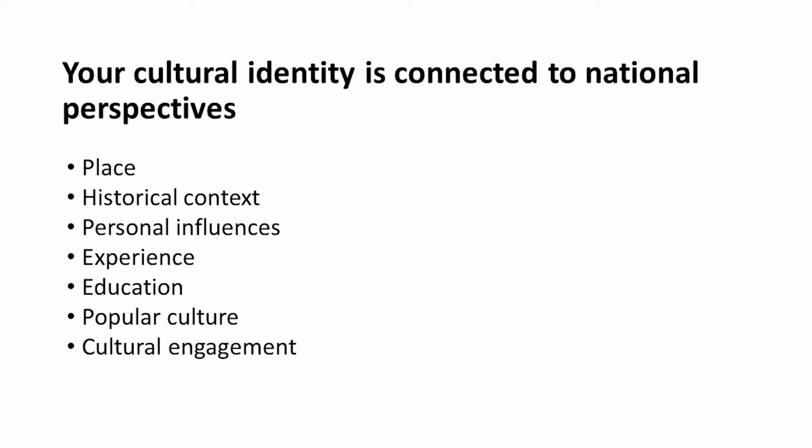These are all of our contextual factors that give us a particular perspective. And we certainly here in Australia have a national perspective, as any nation state does. When it comes to Australian literature, we often see these aspects of cultural identity being communicated through the texts that have been created by our writers.